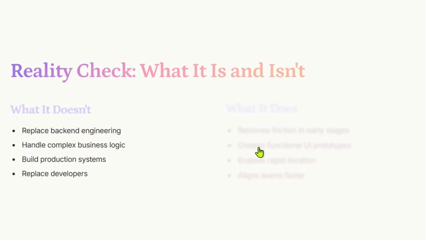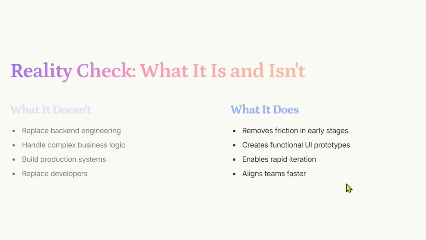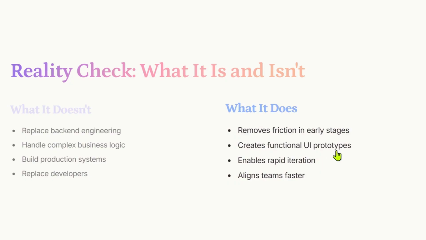Now coming to what it does and what benefits it provides. It removes the friction in the early stages by creating functional UI prototypes. With these prototypes, your team will be able to have a clear picture about your product. Your customers, your clients, and all the stakeholders can interact with the UI of your product, like button clicks.